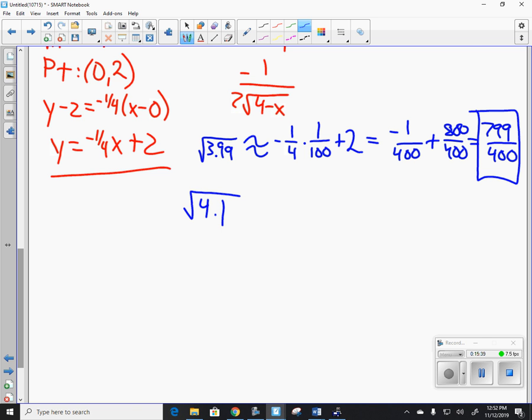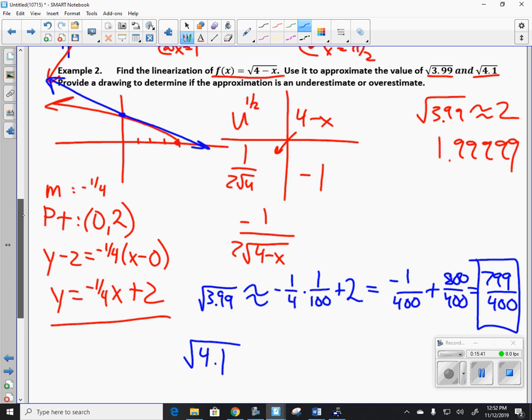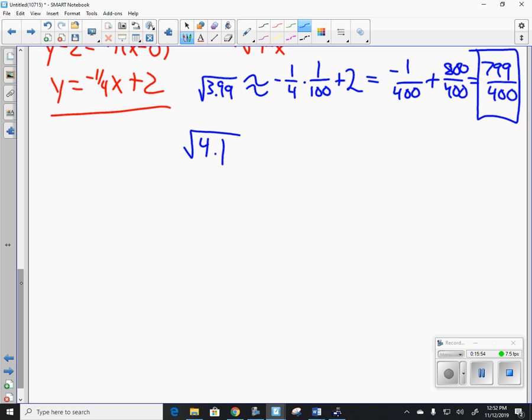Last one, square root of 4.1. What would you plug in for x to get the square root of 4.1? Negative 1/10. So that's approximately equal to negative 1/4 times negative 1/10 plus 2. What's negative 1/4 times negative 1/10? 1 over 40 plus 2.